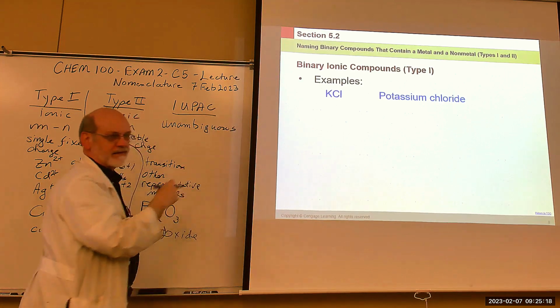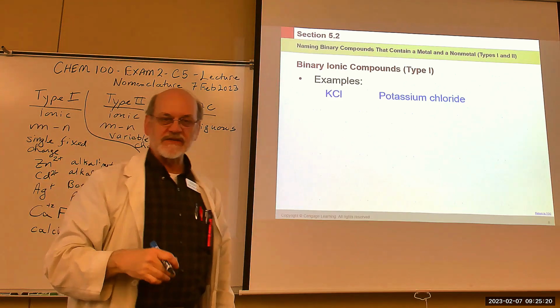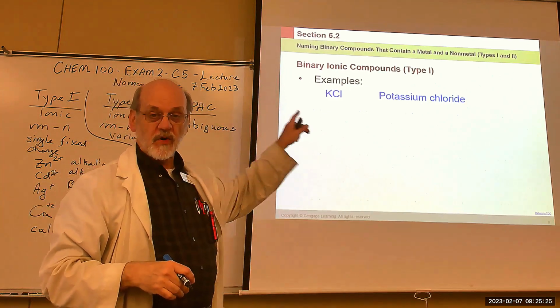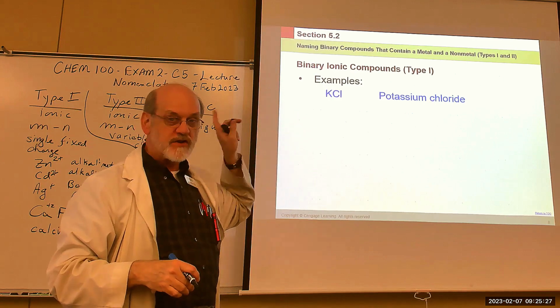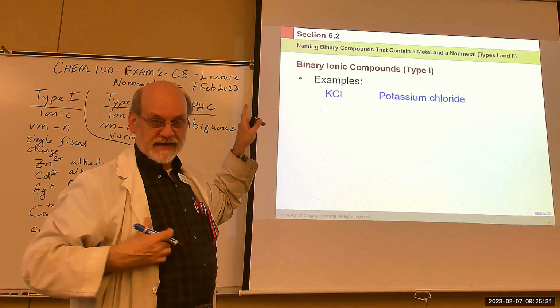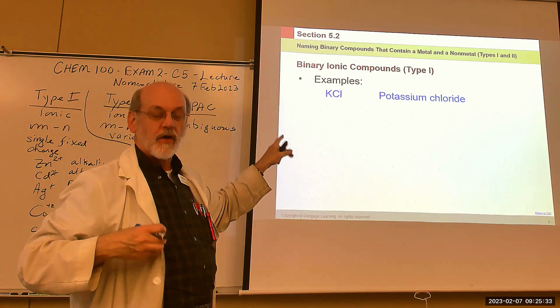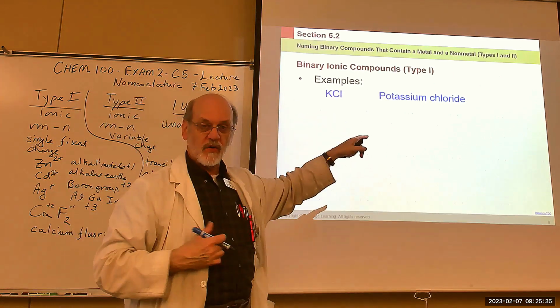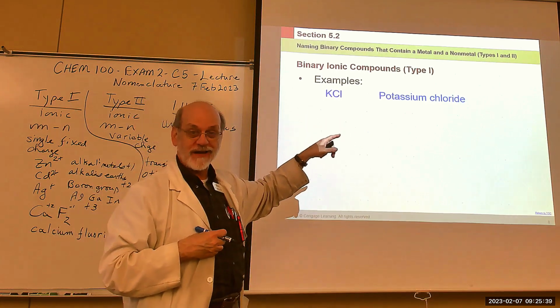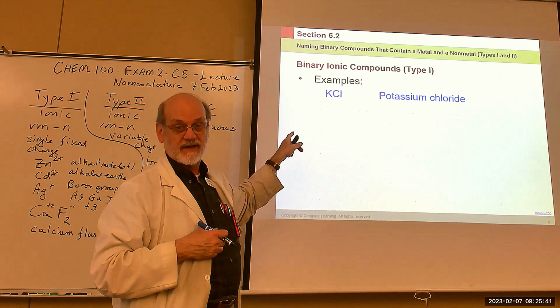Right, so what does that mean? Unambiguous means when you have KCl, potassium chloride is the only possible name. There's no other name that will satisfy and identify that compound. Or if you have the name potassium chloride, the only possible compound that you can write from it is KCl.